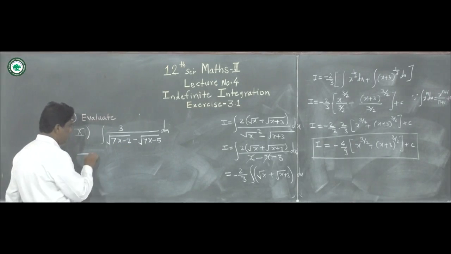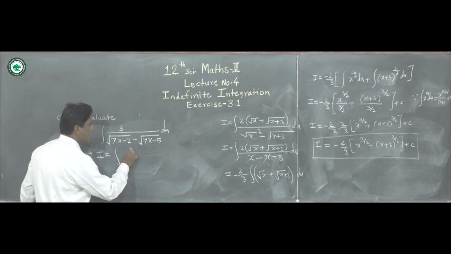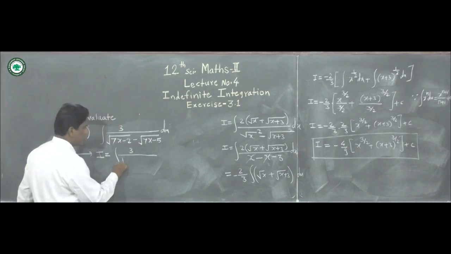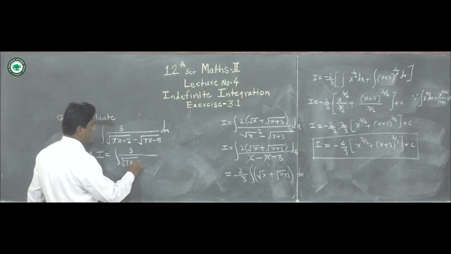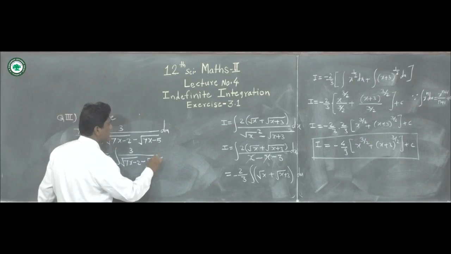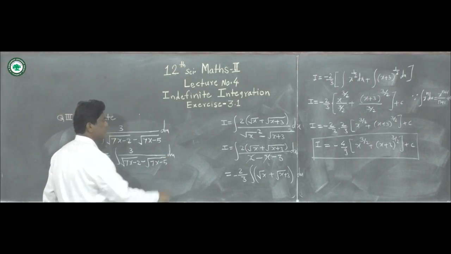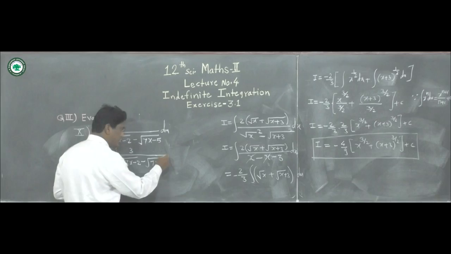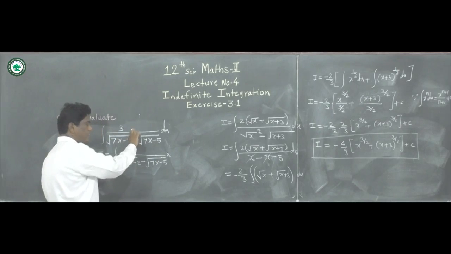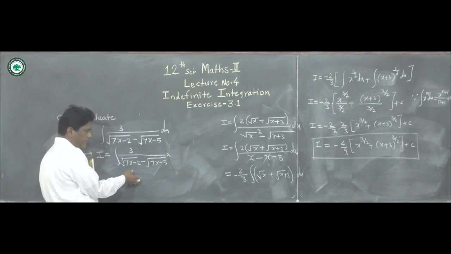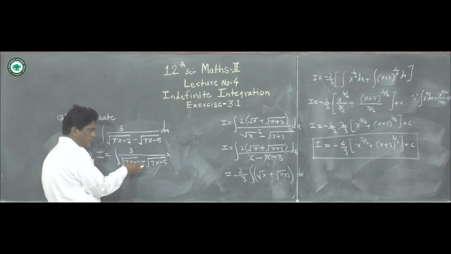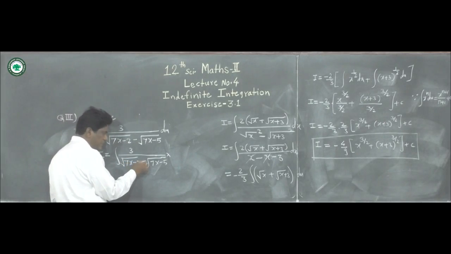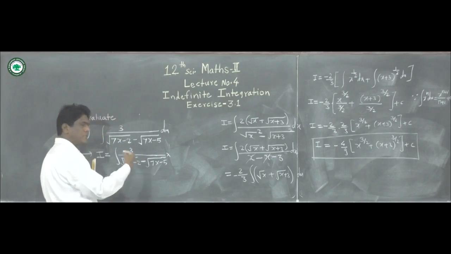So firstly we call this I is equal to integration of 3 upon root of 7x minus 2 minus root of 7x minus 5 dx. We have to rationalize this. So we write the problem as it is, and now multiply by the conjugate of the denominator. Instead of minus, take only plus, and multiply to numerator and denominator.